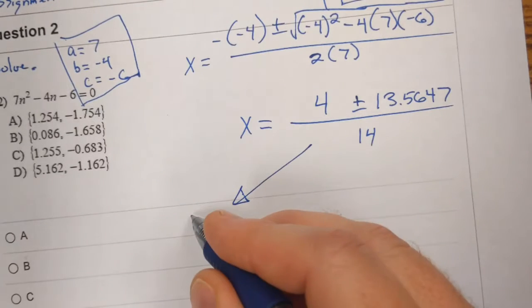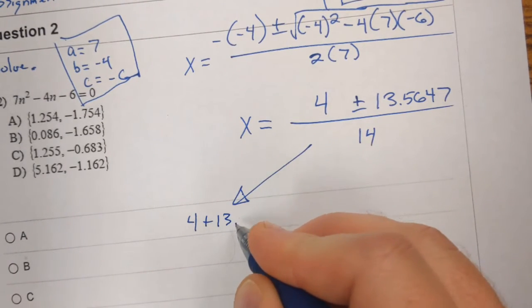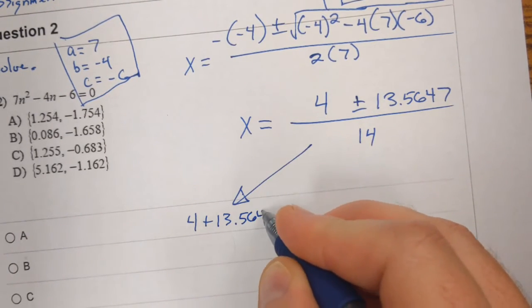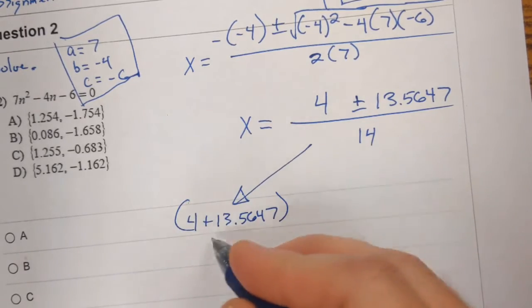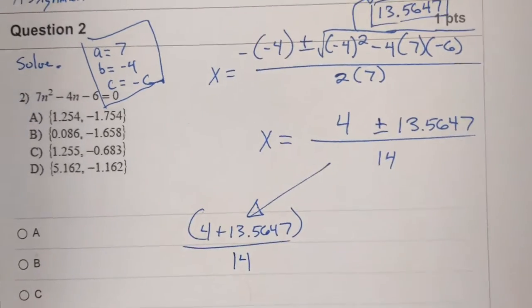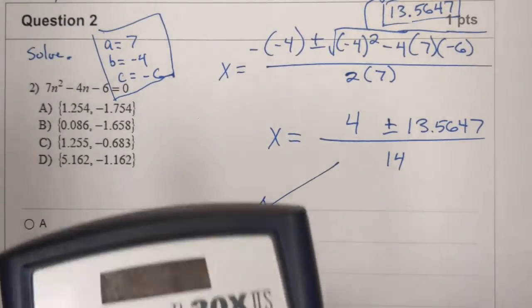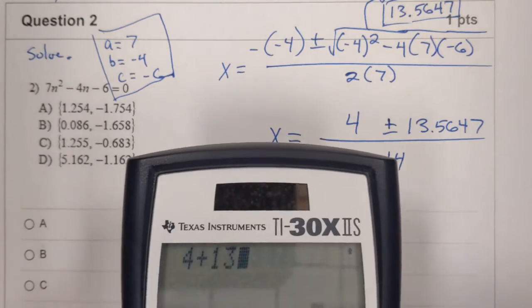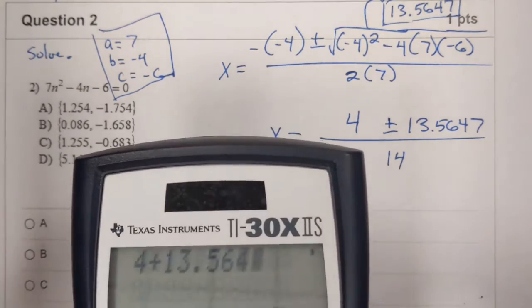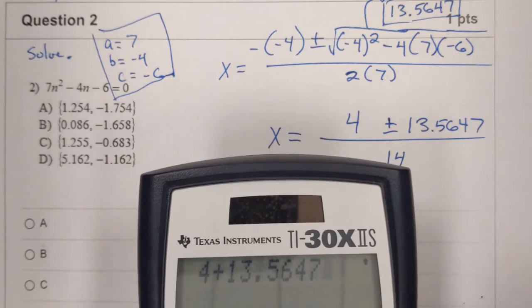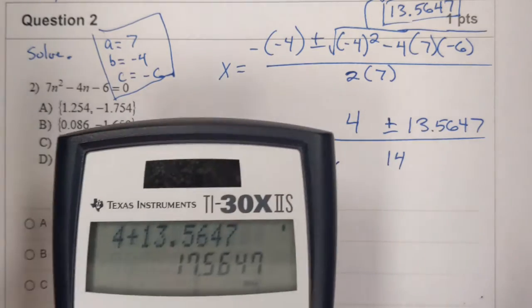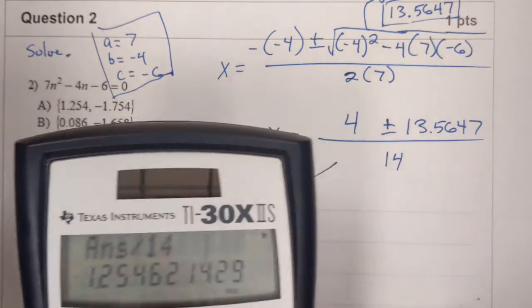My first answer is going to be positive 4 plus 13.5647, all of that divided by 14. Let's go ahead and have at it. I know it's a lot of decimal numbers to type in when you get an irrational answer, but that's just how it goes. I'm going to take that divided by 14.